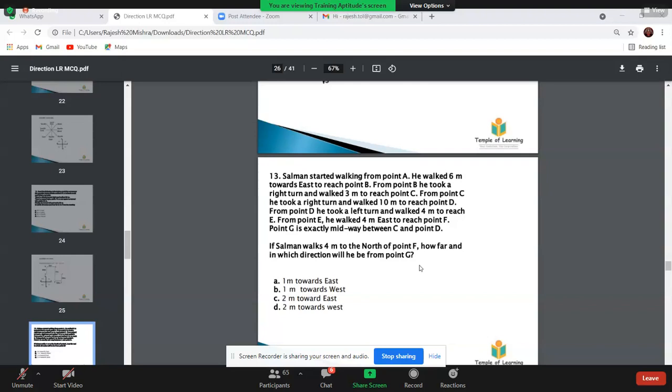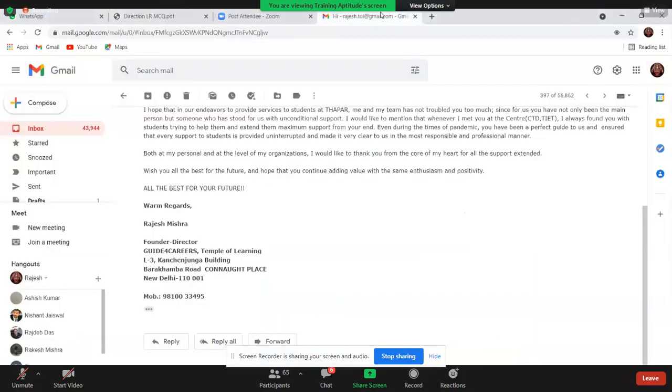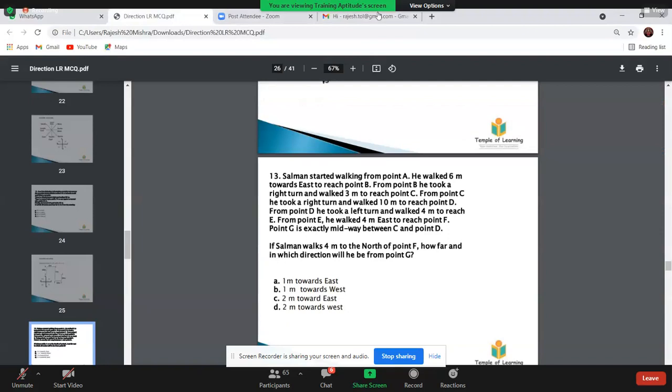I'm absolutely okay if you are taking a while to draw the diagram. Salman started walking from point A.